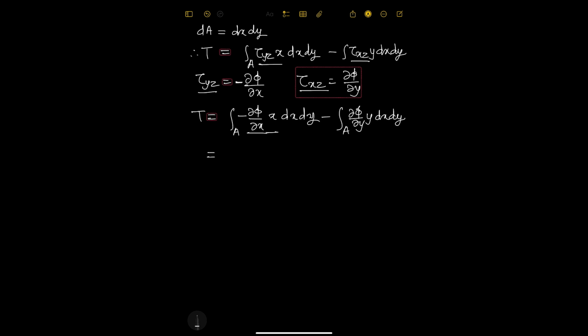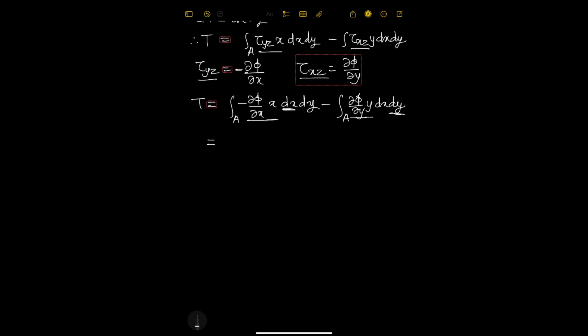When we integrate these with respect to x using integration by parts, taking the negative sign outside, the first term is as it is, and the integration of the second is phi, and you can write dy.